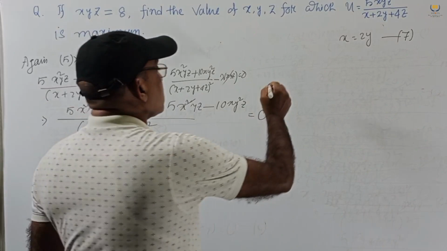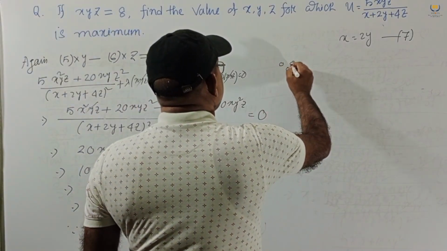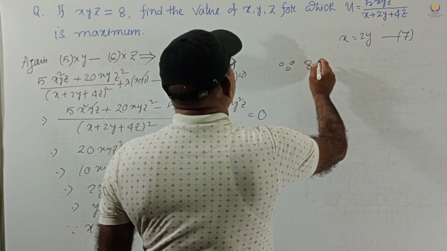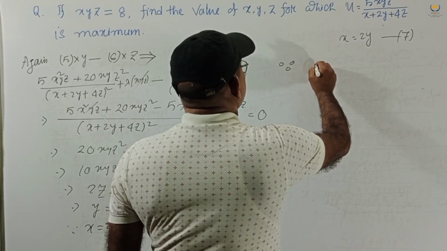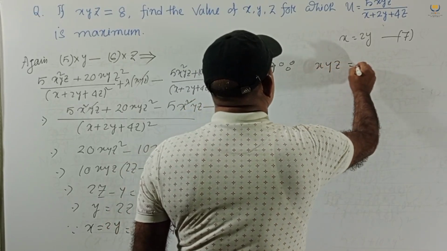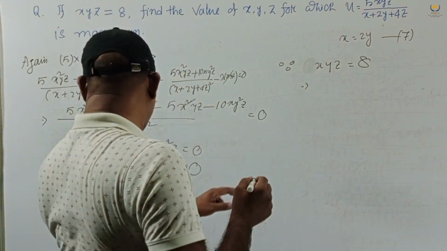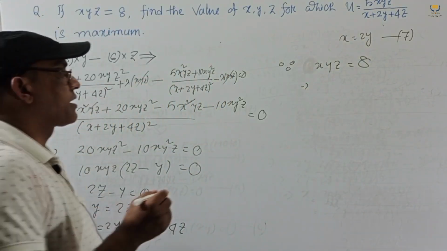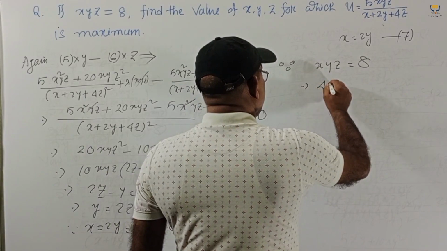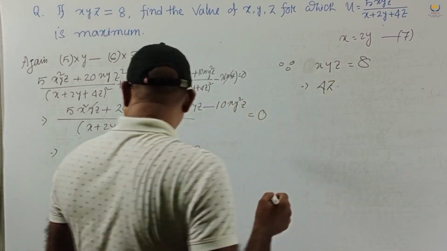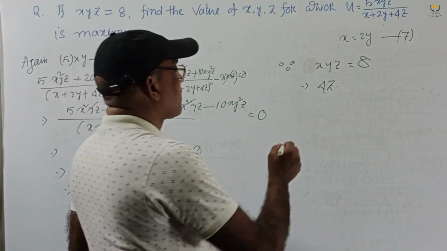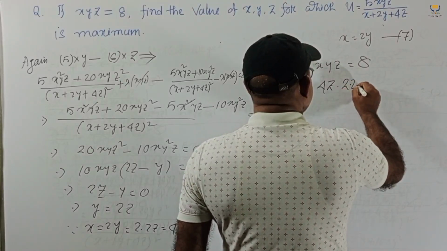Since we know xyz = 8, the value of x is 4z, y is 2z, and z remains the same.